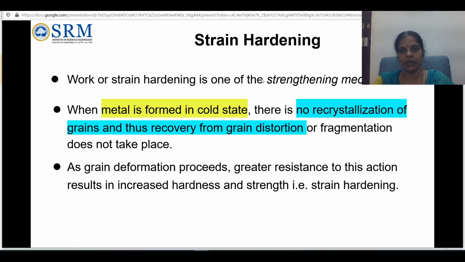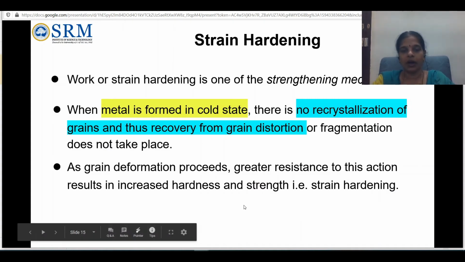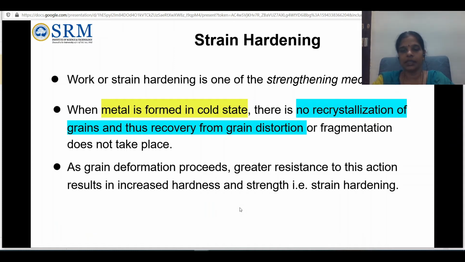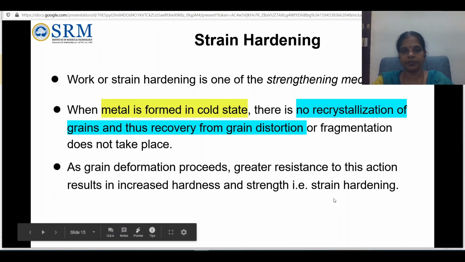Just take the metal at normal temperature and apply a heavy load on it. What happens to the grains present in the metal? They just get distorted, and because of that a stress relief is essential. Because of this, it offers great resistance, and the hardness and strength increase. This is called strain hardening.